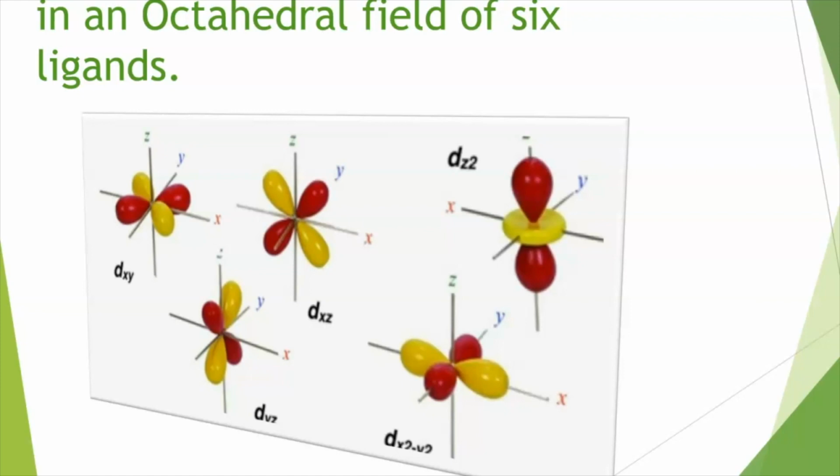The other two orbitals, namely dx square minus y square and dz square, differ from these three orbitals and also between them.